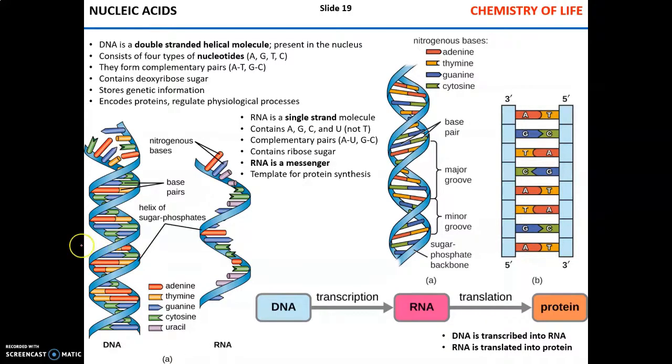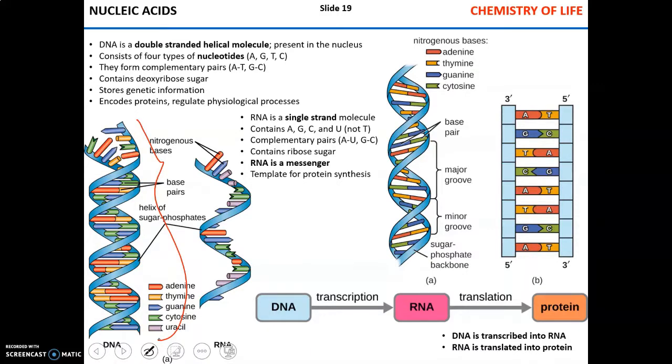Now, last bit about biological macromolecules will concern the nucleic acids. So DNA, shown here, is a double-stranded helical molecule found in the nucleus. Its function is a storage of genetic information.